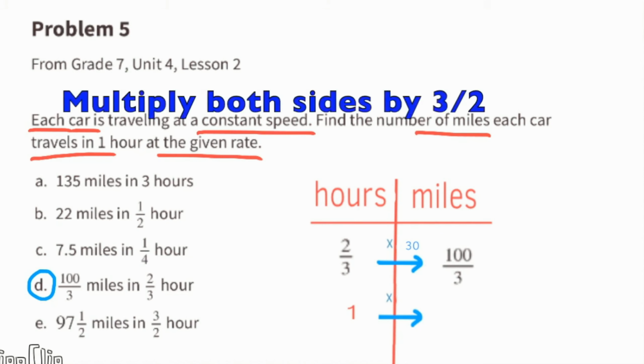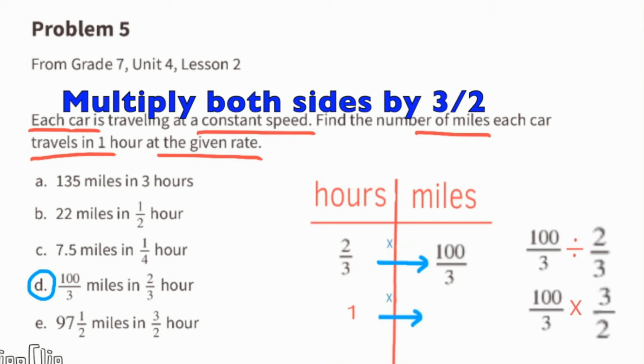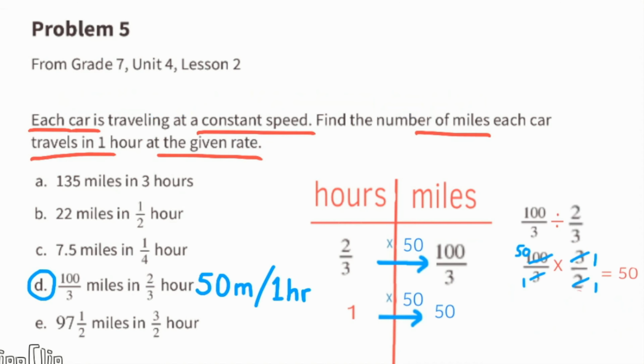We can multiply 2/3 by its reciprocal, 3/2, to get 1, and multiply 100/3 by 3/2. We can cross cancel. 3 goes into 3 once, 2 goes into 2 once, and 2 goes into 100 50 times. So we're left with 50 over 1, which is equal to 50. So car D travels 50 miles in 1 hour.